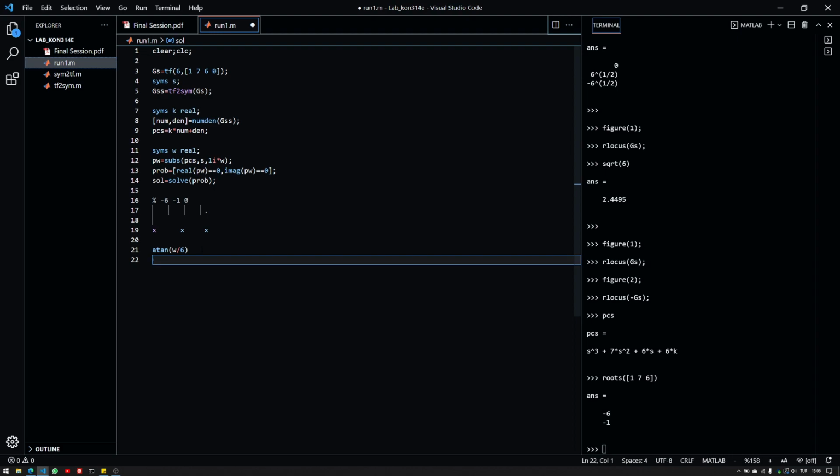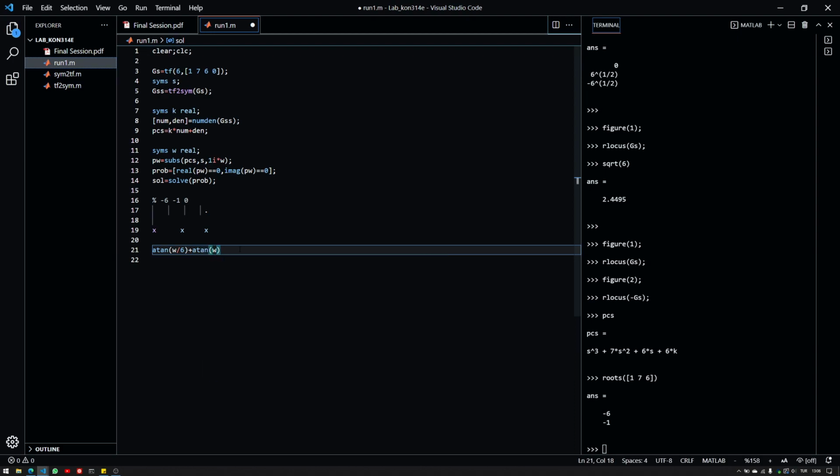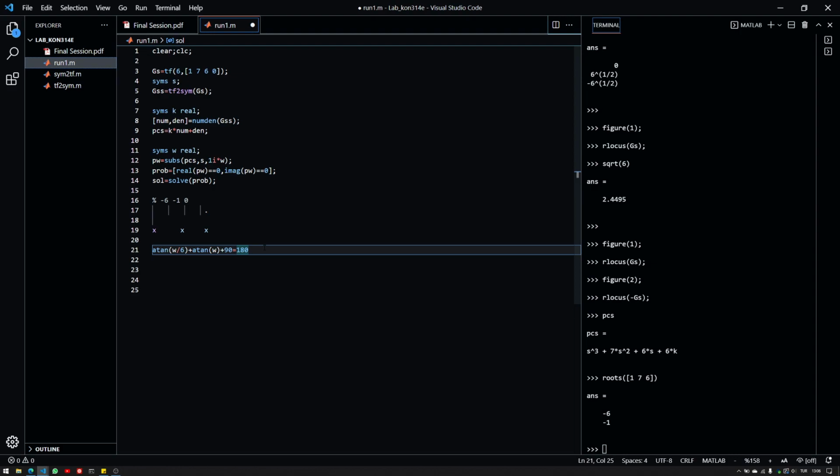So this plus, and then we have 1 here, and the distance is omega, so atan omega, and then plus 90 degrees, because the angle contribution at the origin is 90 degrees, should be 180 degrees. So this would be the phase condition or angle condition of root locus.